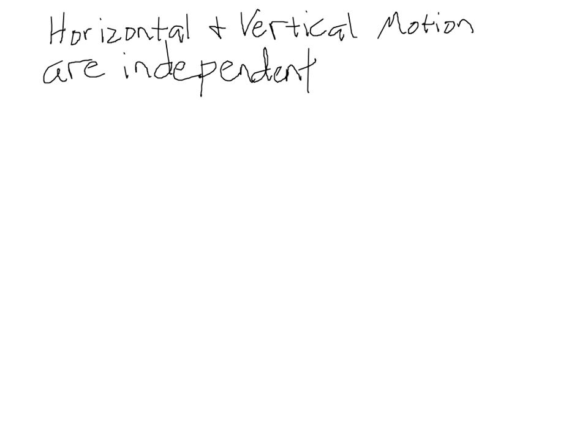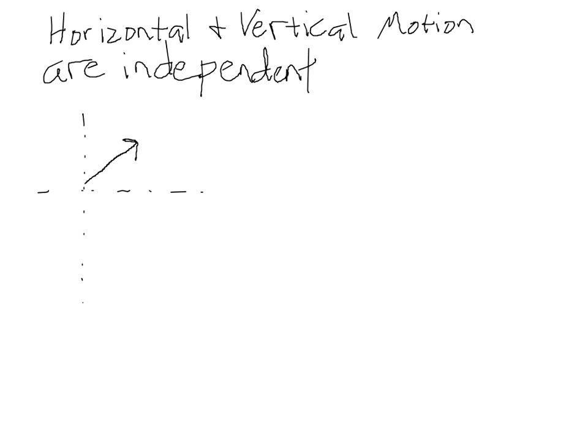Because what that means is that if I have some object with a velocity that is partly horizontal and partly vertical, like that, say, so that the vertical direction I can draw like this, and the horizontal axis I'll draw like this. So that vector that I drew obviously has both a horizontal part and a vertical part.